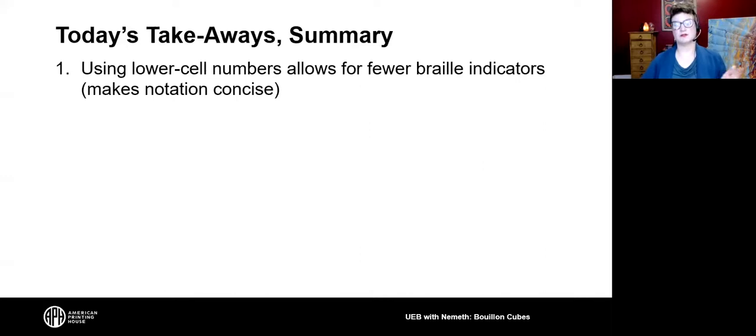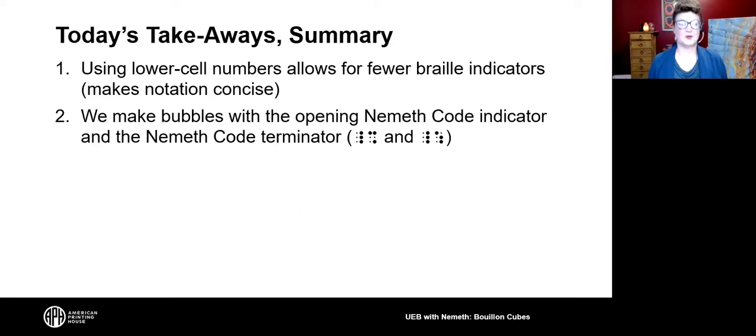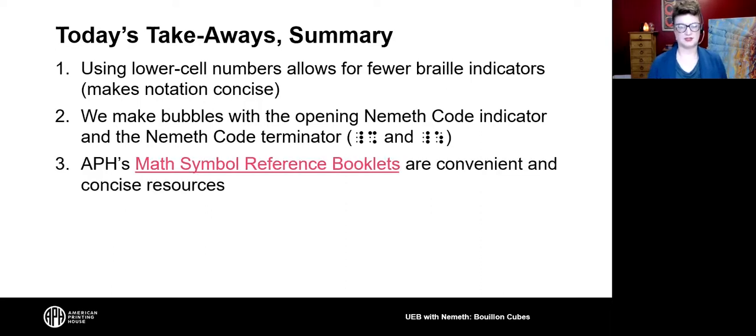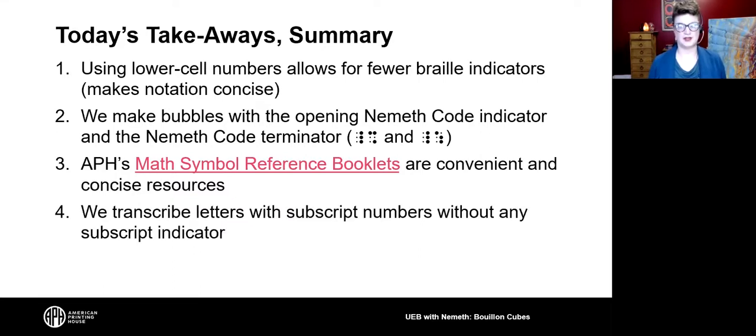So in summary, we talked about how lower cell numbers allow us to use fewer Braille indicators because of those good looking lower numbers that are always different from letters. We create bubbles by using the opening Nemeth Code indicator and the Nemeth Code terminator, so we can have our Nemeth Code material in Nemeth Code within the UEB context. APH's math symbol reference booklets are convenient and concise, available from aph.org.